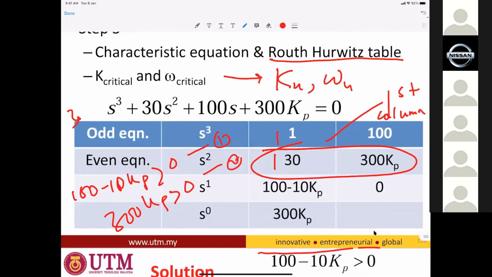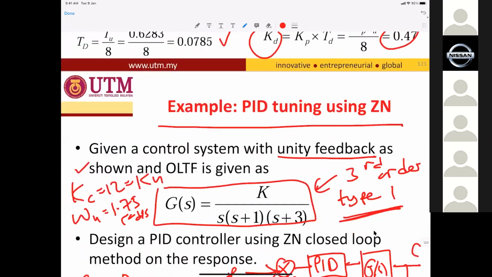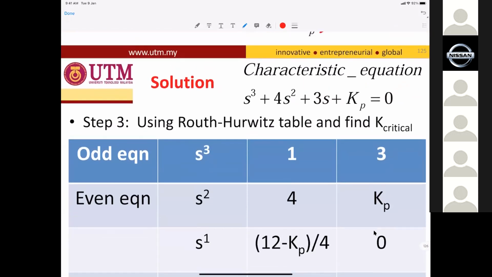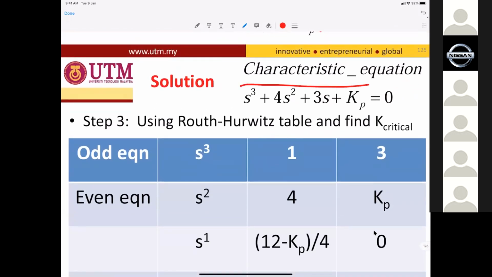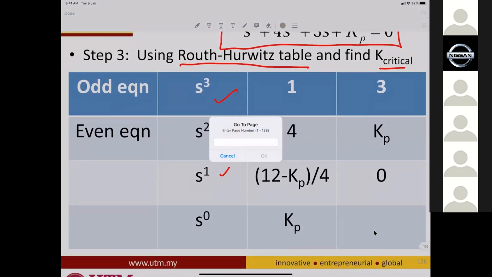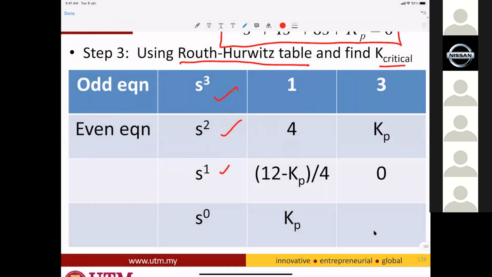This characteristic equation, S cubic 4S squared 3S plus Kp, will be inserted into the Routh-Hurwitz table to find the critical K. So S cubic, S squared, S power of 1, and S power of 0. So 1, 4, 3, Kp from the characteristic equation. Then we obtain this one.